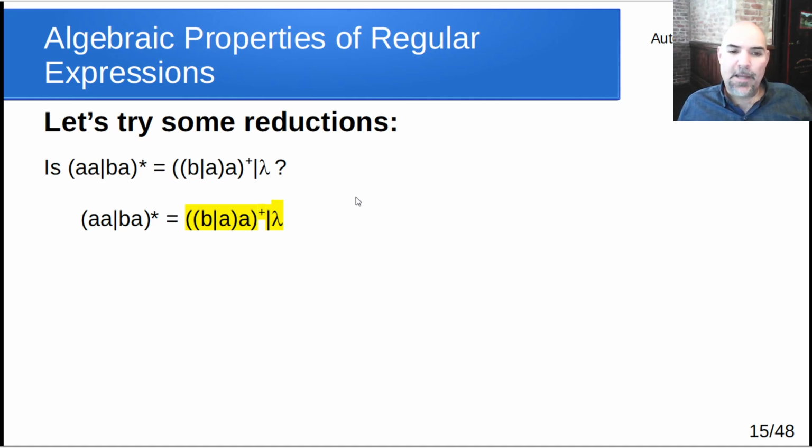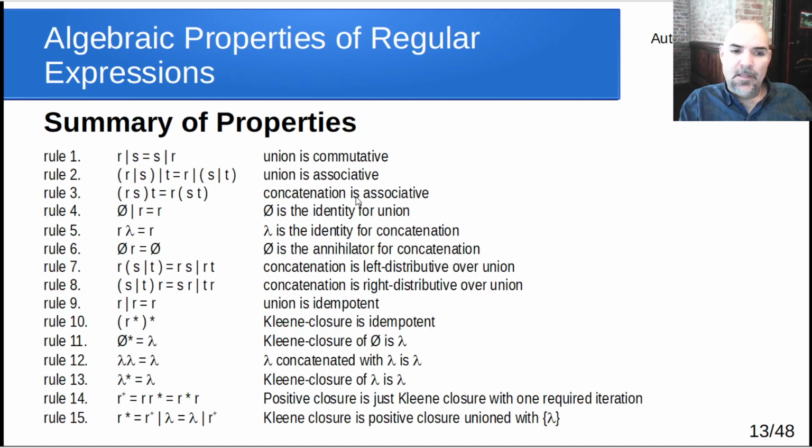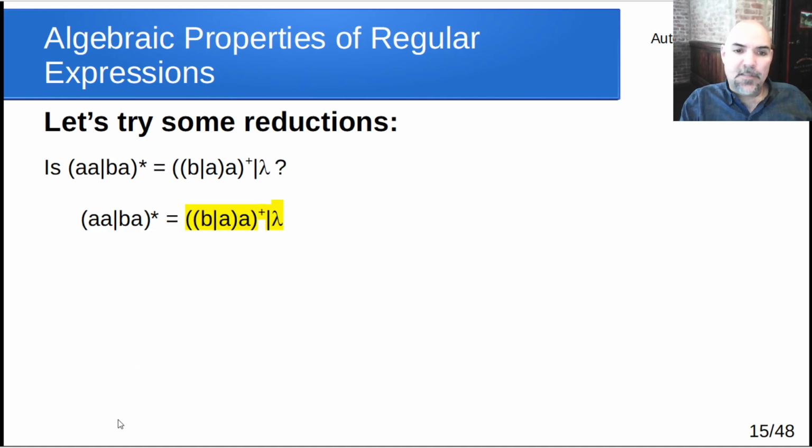Well, if we go back to those rules, do we have something plus or lambda? Yeah, we do right there. That could be replaced with just that thing star. So that's what we're going to do. We're going to use Rule 15 off that sheet. And I might encourage you at this point to go to that handout and bring it up as we go through these, maybe alongside the video so you can look at it.